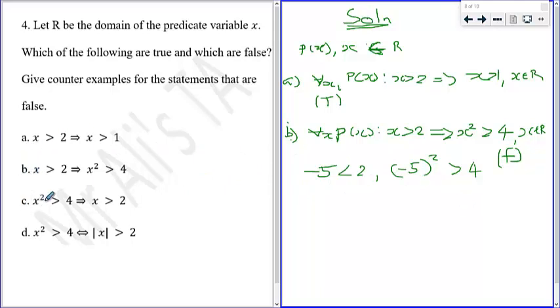Then C, x squared greater than 4 implies x is greater than 2.